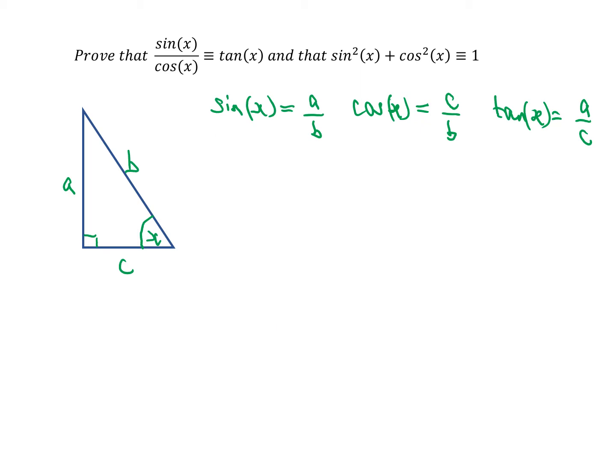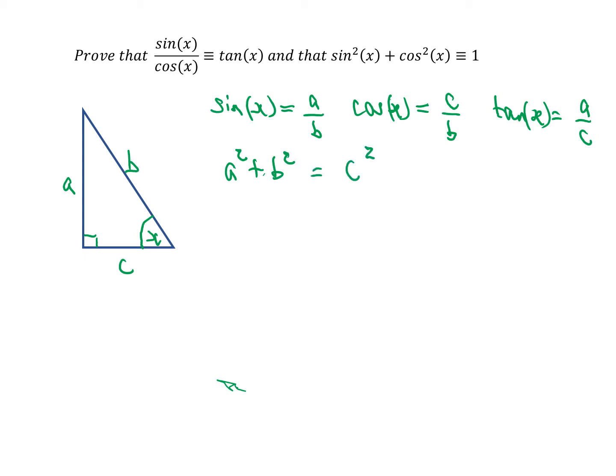So before I move on and use those three trig ratios, is there anything else I can write down about this triangle? I hope you're saying Pythagoras. So let's write down Pythagoras for this triangle. A squared plus B squared equals C squared.